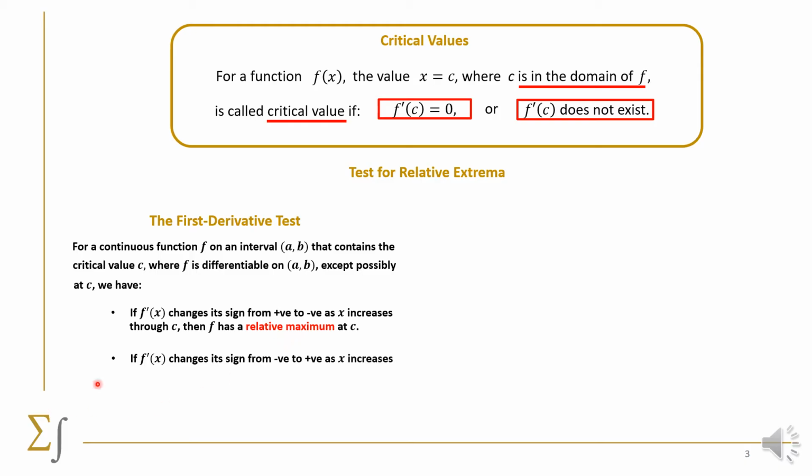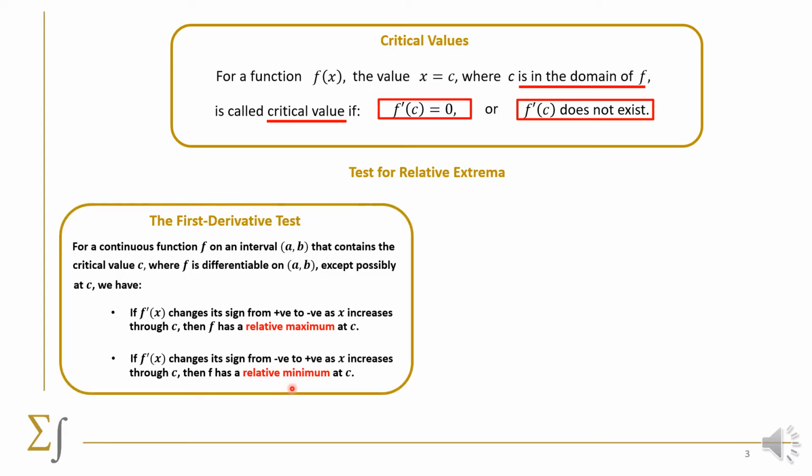Also, if f prime changes its sign from negative to positive as x increases through c, then we say that f has a relative minimum at c.